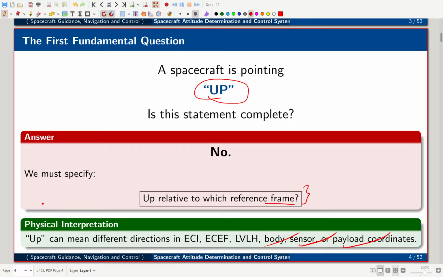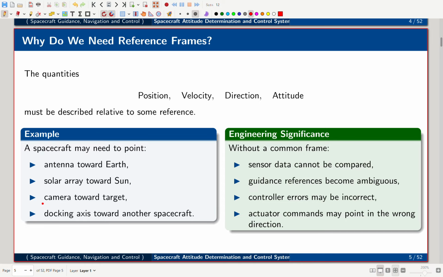A set of frames must be specified, and only then can we say the spacecraft is pointing up or down with respect to that frame, because up in one frame may not be up in another. So it is very important to specify the frames to understand spacecraft directions, basically spacecraft orientation. So do you need a reference frame?